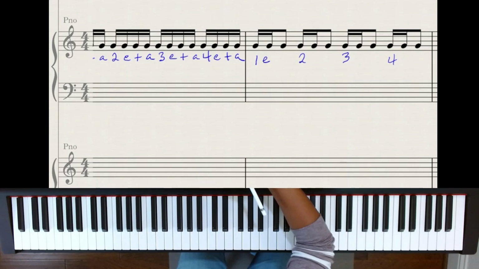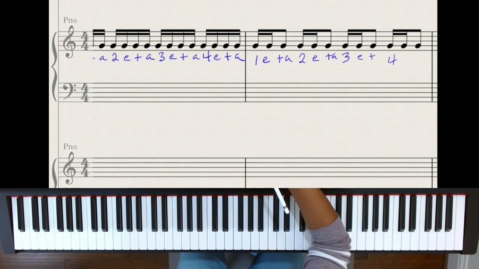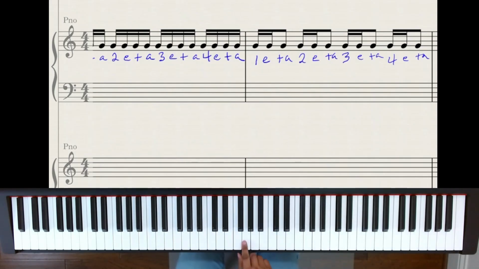The second note gets the E, and the last note in each grouping gets the and. So this one sounds like this. 1 E and 2 E and 3 E and 4 E and.